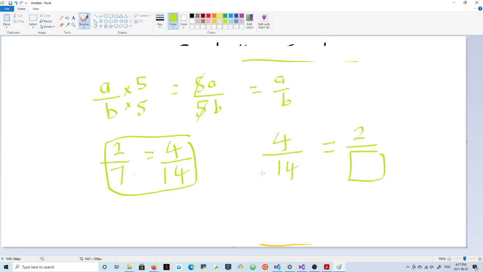So in that case, you are dividing here. How from 4 to 2, what you did, you divide by 2. It means 14 must be divided by 2 and you get 7. Right? So this is how you should attack questions with respect to simple fractions.